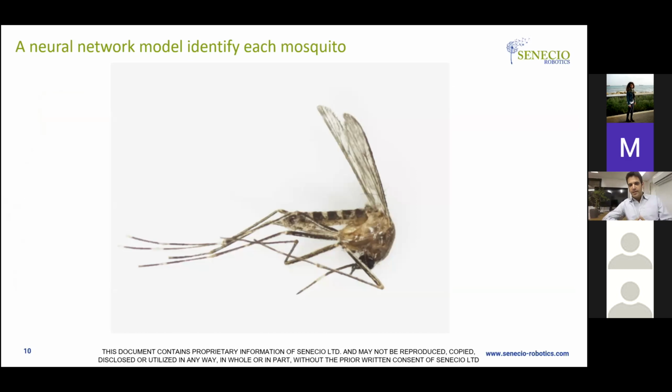We send the images to a neural network model that we are teaching to differentiate between each of the species that we are training it for. And if the threshold was high enough, and it's a common mosquito, depending on the calibration by the technician, then we also put it into a vial.